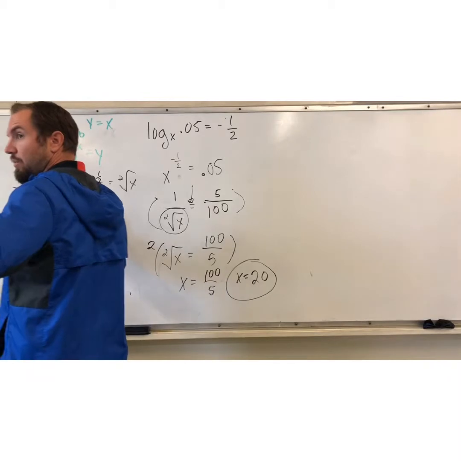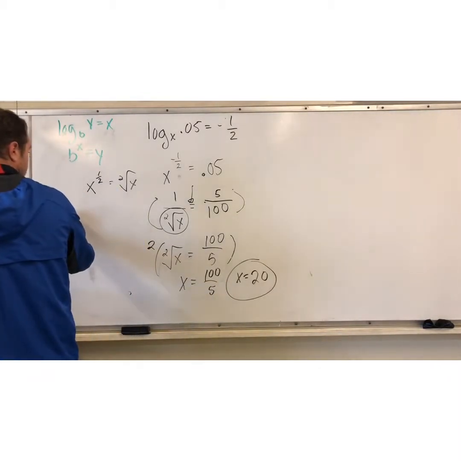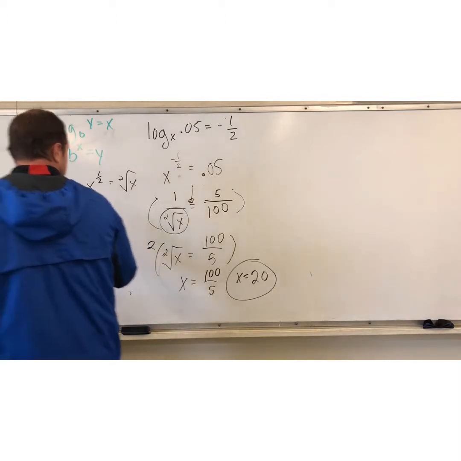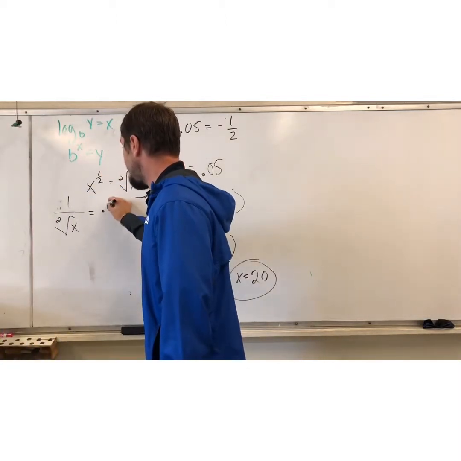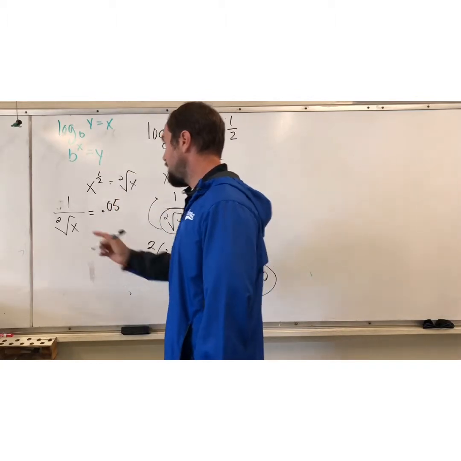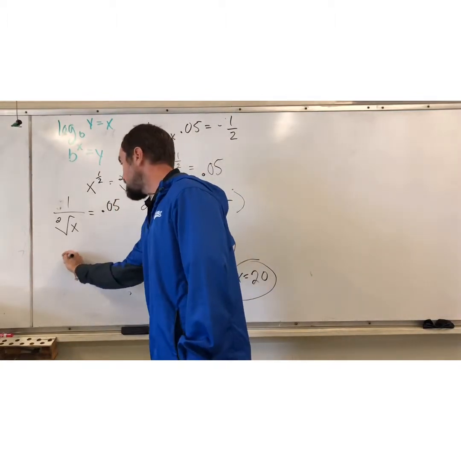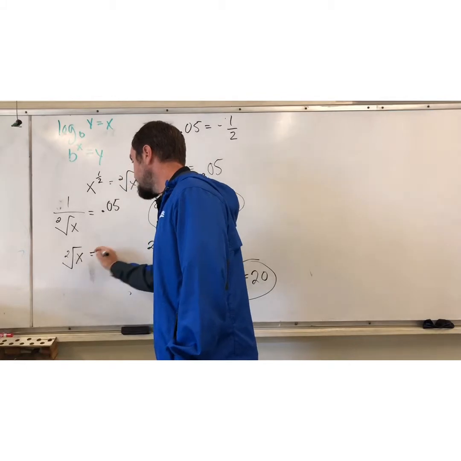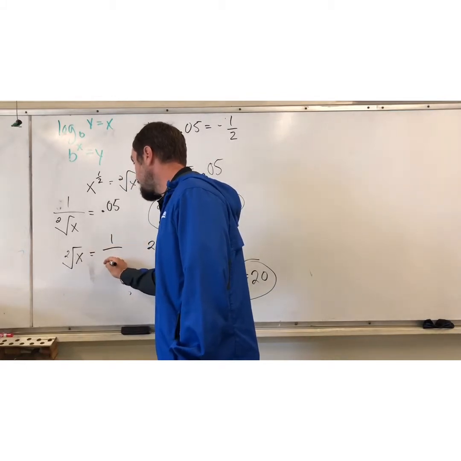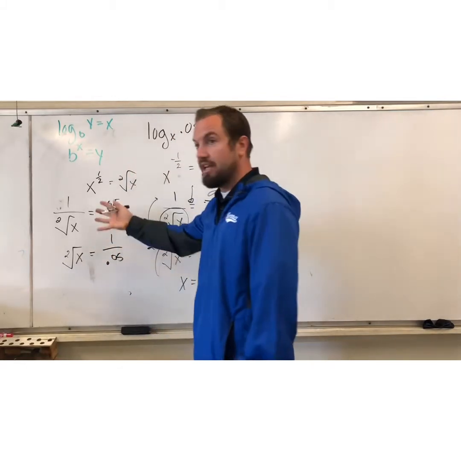So that's one we worked on yesterday. We had 1 over the square root of x is equal to 0.05. And then one other move you could do here is make this the square root of x is equal to 1 over 0.05, right? We've taken the inverse.